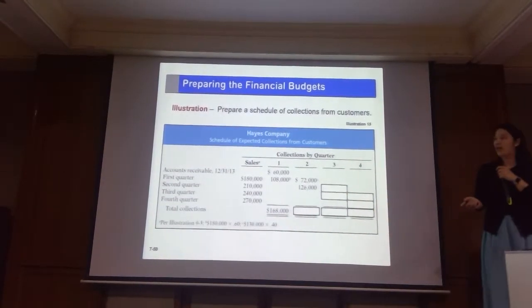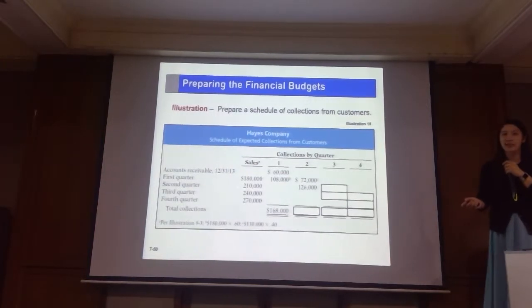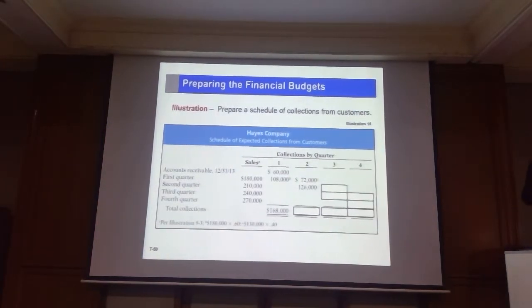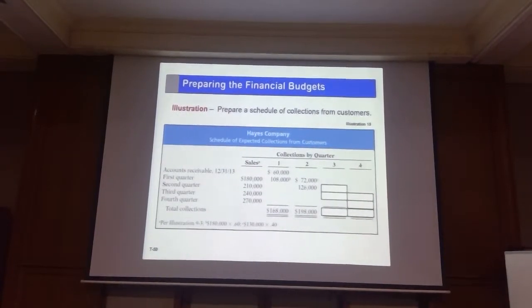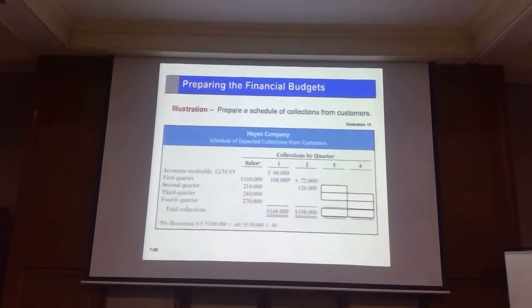So we just multiply 60% with 210, okay? So you receive 126,000 in the second quarter. So in total, in the second quarter, you will receive cash equal to 198,000, right? So this is the cash that you will receive from your customer.